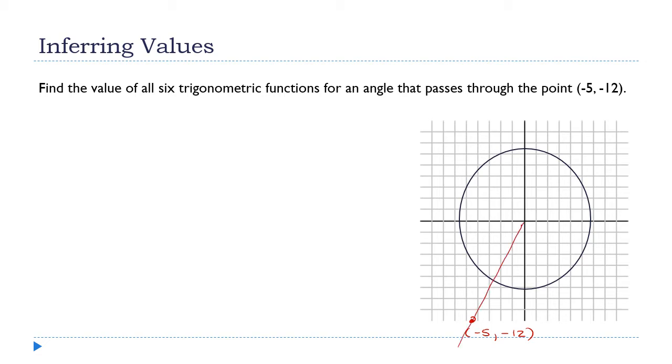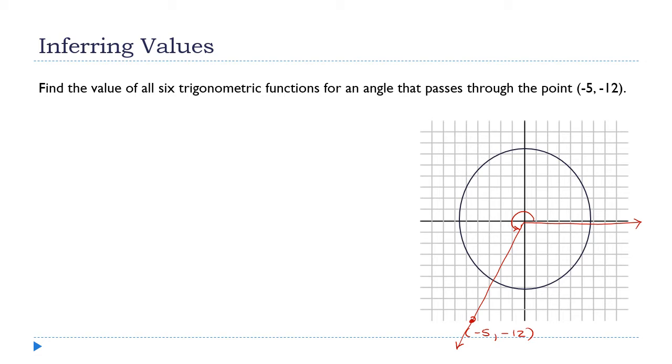The angle that this represents is here. This is my terminal side, and the initial side is where it always is. So this is the angle that we're talking about. I don't know its measure in degrees or radians, but that's okay.